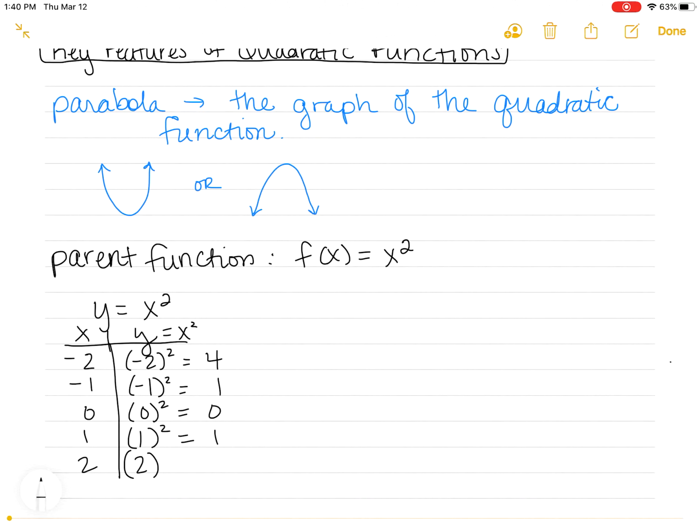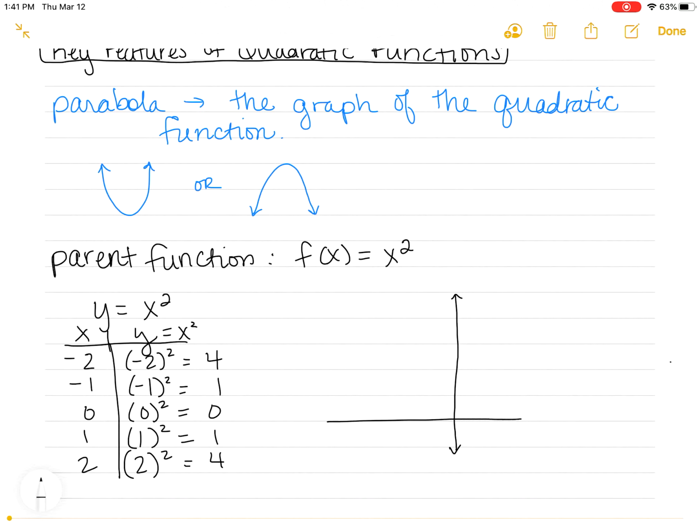Okay. So I'm just plugging those x values into the equation, and that gives me some points to plot on my graph, which hopefully you already know where these are going to fall.